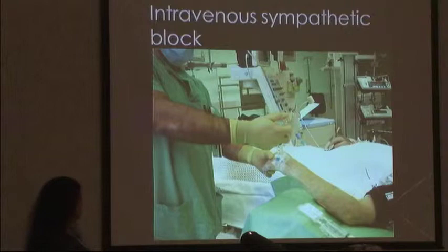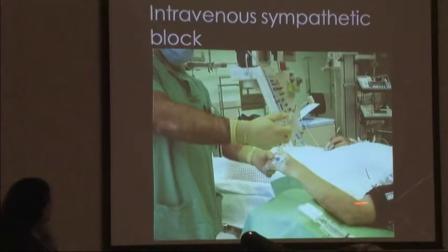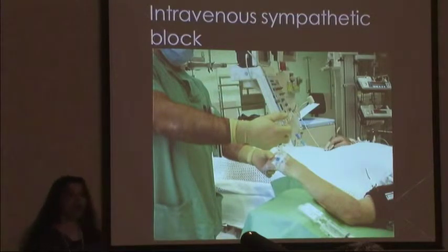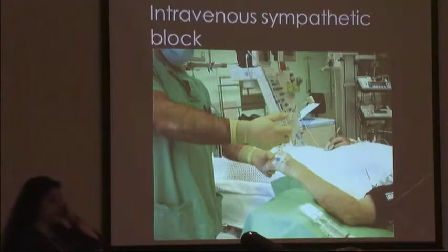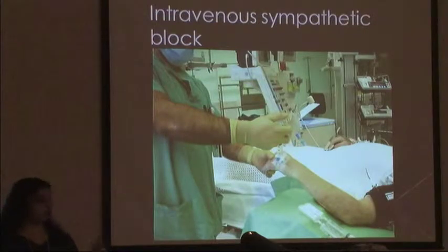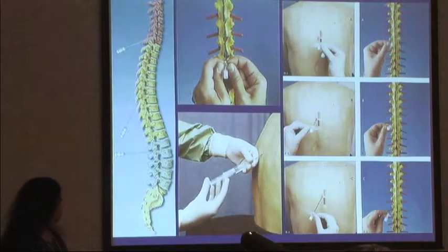Now, this is what you see. This is a patient with a CRPS on the left hand, and there we put the cuff, and now we're injecting the substance. The problem is, once you inject the substance and you release all the norepinephrine, the pain intensity increases a lot. And we didn't have too good results, so we just did not do that anymore.